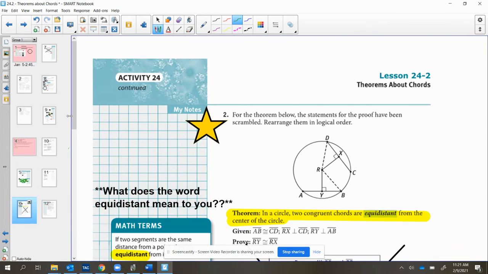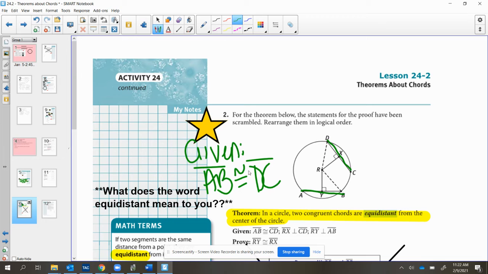Okay, so the next page then brings us our second example. We see here a figure in this circle, and what's being given to us is that our two chords are congruent. So we have AB congruent to DC. Now, when this happens, what we find out is that they are the same distance from the center of the circle, aka the word equidistant.